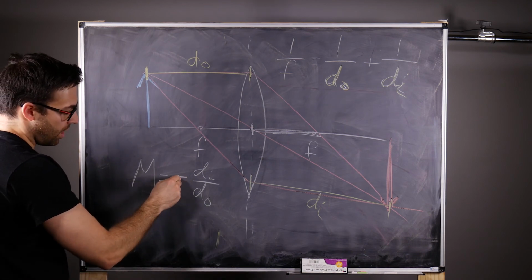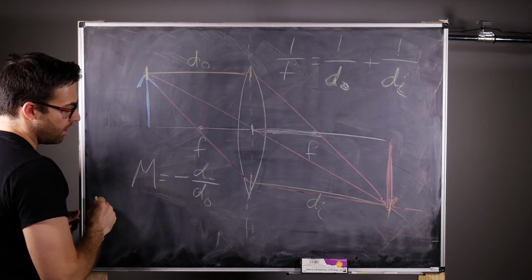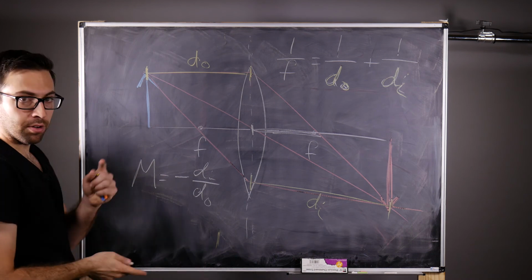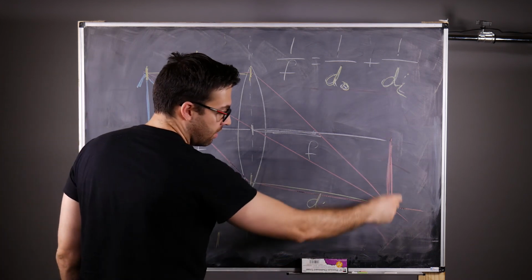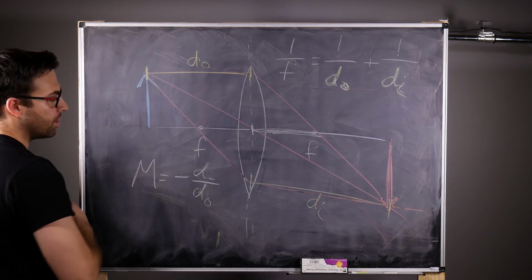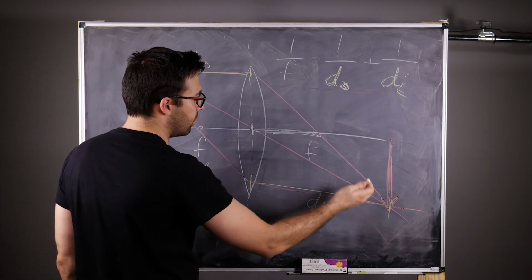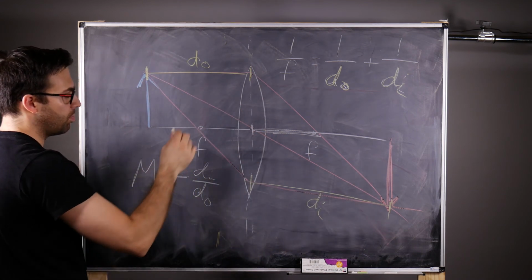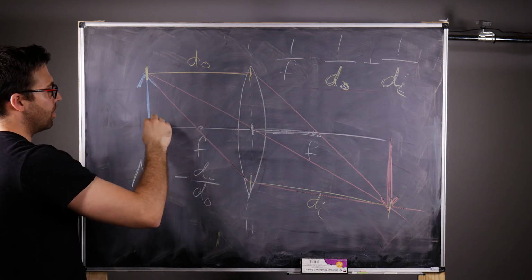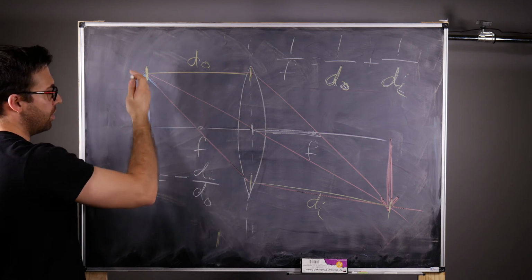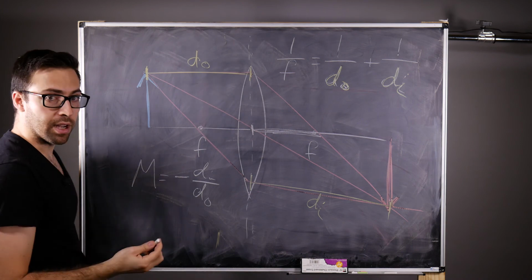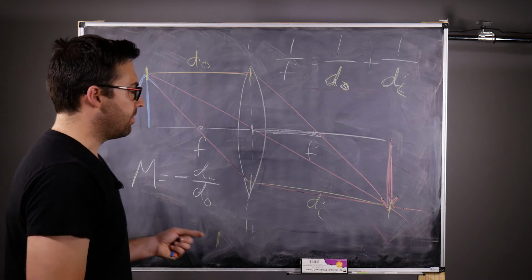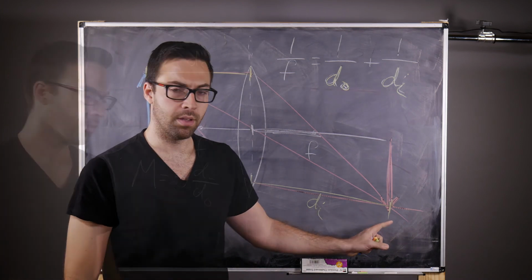And this negative sign is going to tell us whether or not the image is reversed. If it's negative, it's going to be inverted, upside down from what our object was. And if it's positive, it's going to be like the other example where it was on the same side but a virtual image. So if it's positive, it's going to be in the same direction, upright, like with a magnifying glass. But if it's negative, it's going to be inverted like this.